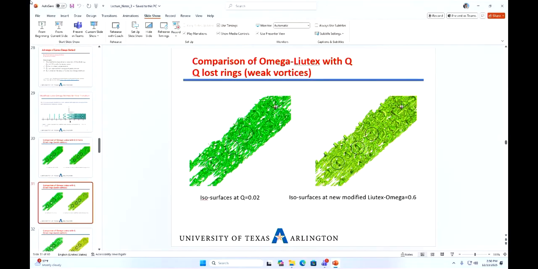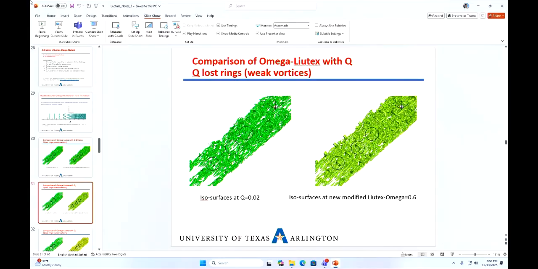And then we tried, and apparently we still keep this vortex structure. But look at Q, it disappeared. The ring disappeared, you see. The two are the same cases, at the same time steps, same data.